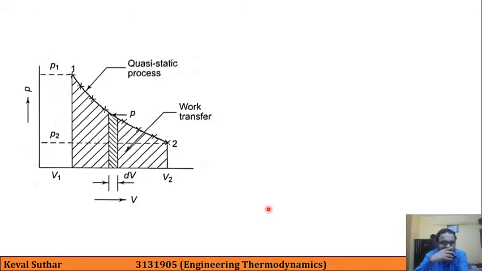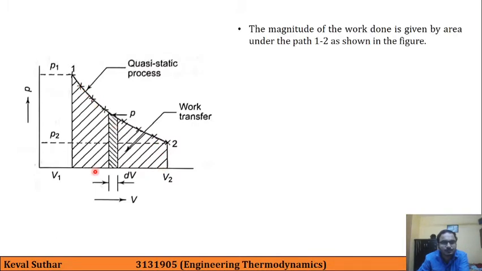So here the same process from state 1 to state 2 is drawn on PV diagram, and the area under this curve gives us the PdV work. And obviously this is for quasi-static process.